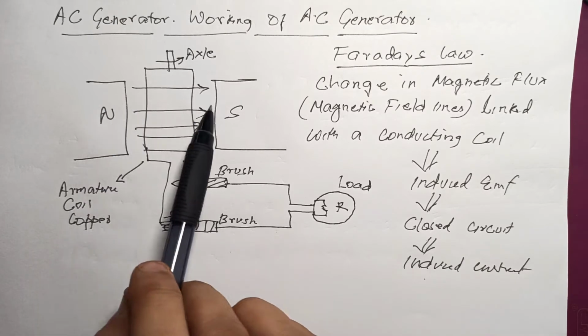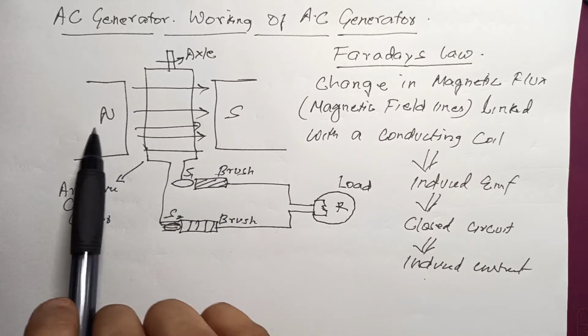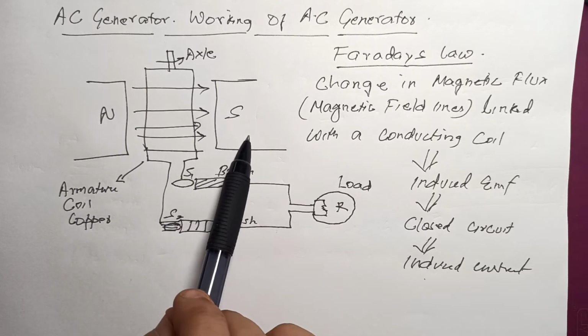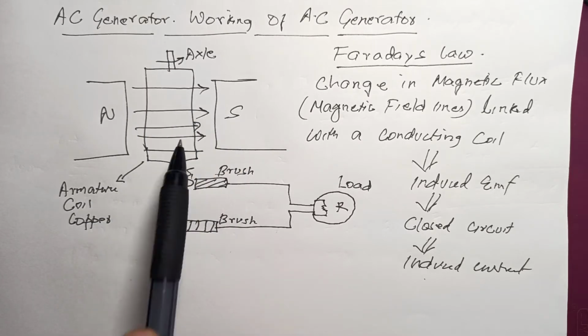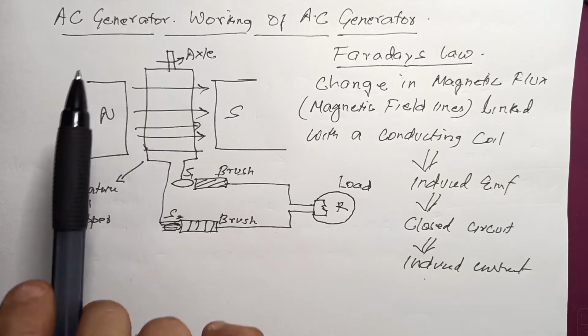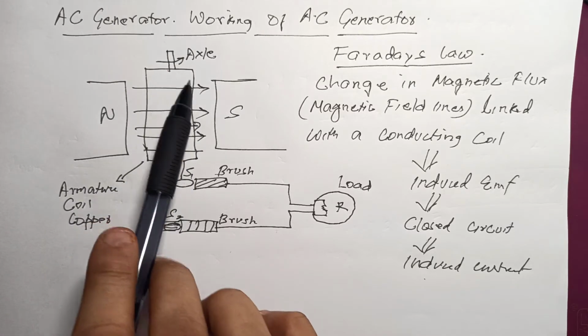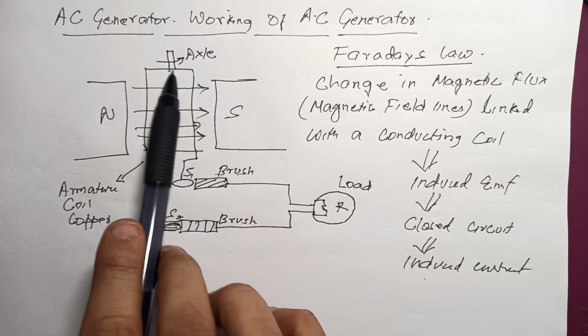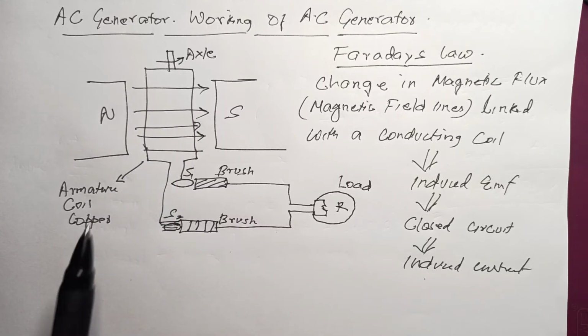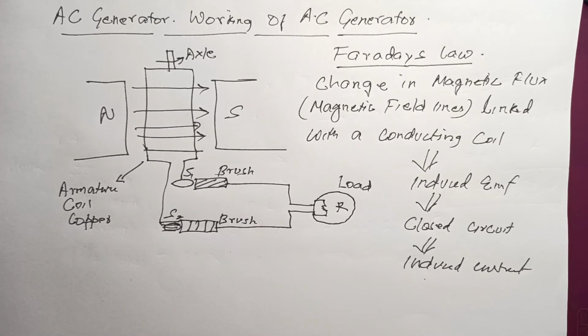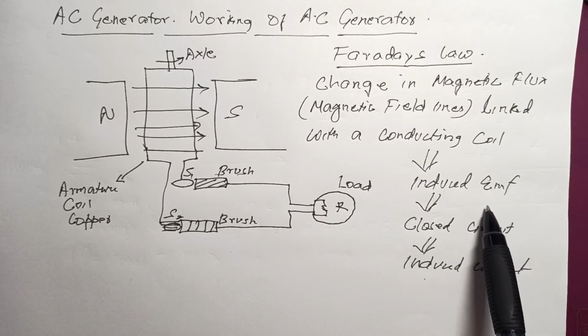Now, see, these are the two ends of a large magnet with north and south pole. So there are magnetic field lines. Now, what happens is when this axle rotates, this shaft, the magnetic field lines in this shaft change. Now when these lines change, it results in a flux, and flux results in induced EMF.